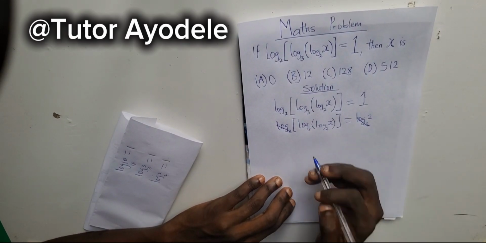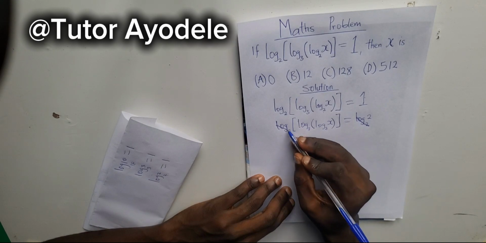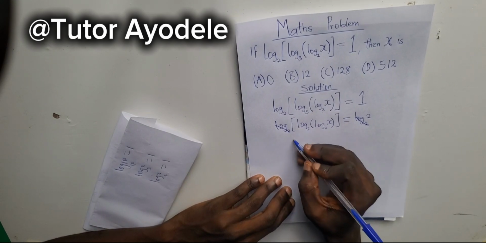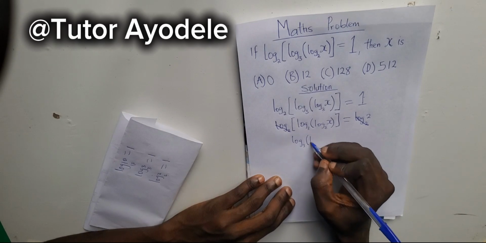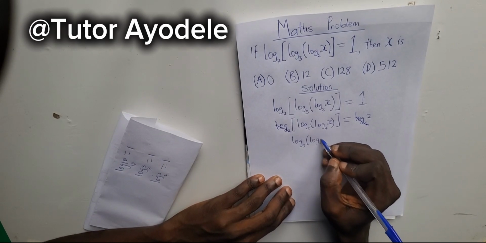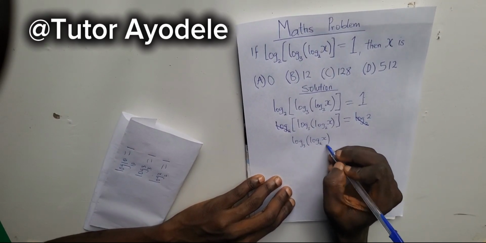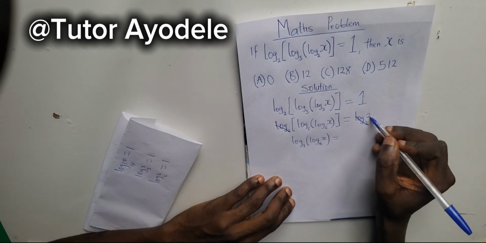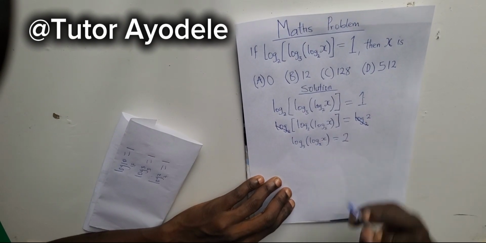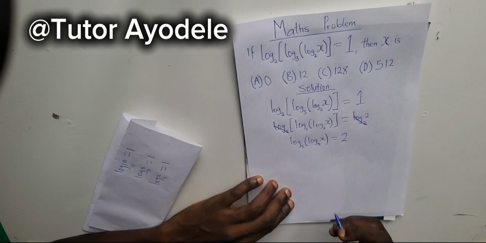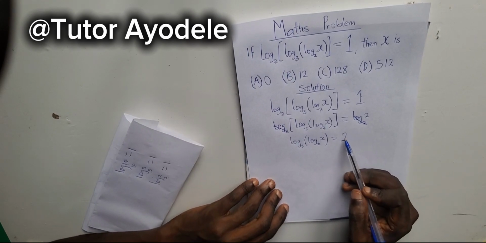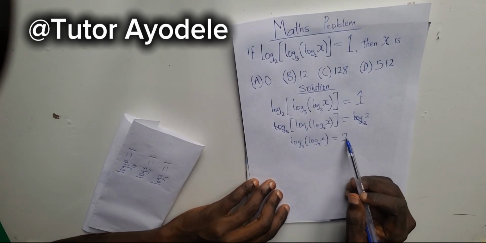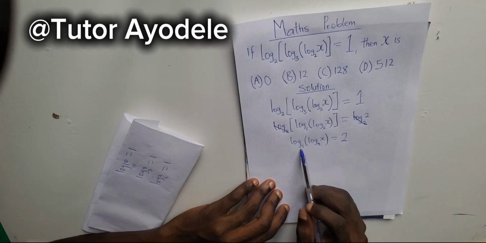Okay, so here I will be left with what? This log base 2 I've cancelled. I'll be left with log base 3, put under brackets, log x base 2 equals to what? I'm left with what here? 2. I'm left with 2. Okay, so now this thing, I want to express this 2 in log having the base of 3.